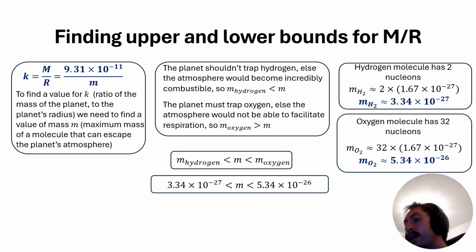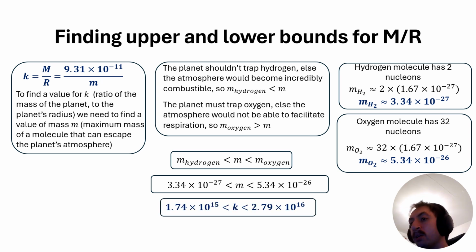And so we now have a lower and upper bound for small m. We can put those bounds into our equation for k, giving us a lower and upper bound for k. So we've now got an upper bound for the ratio of the mass to the radius of the planet and a lower bound for that ratio.